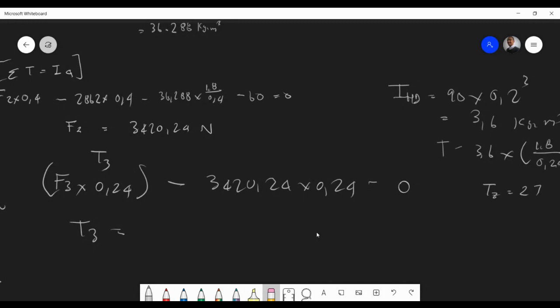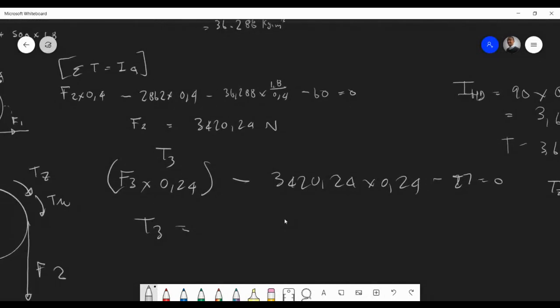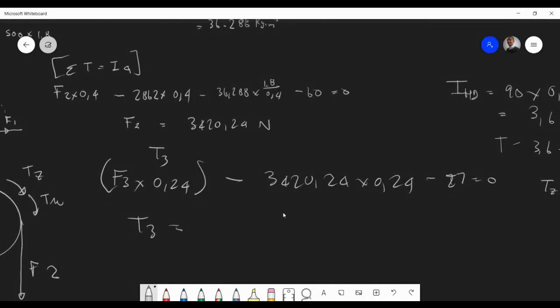Okay, so I'm looking for, like I said, torque over here. This is T, not 27, equals 0. So I'm just essentially turning all of these guys over. Let me just make sure the answers are right.